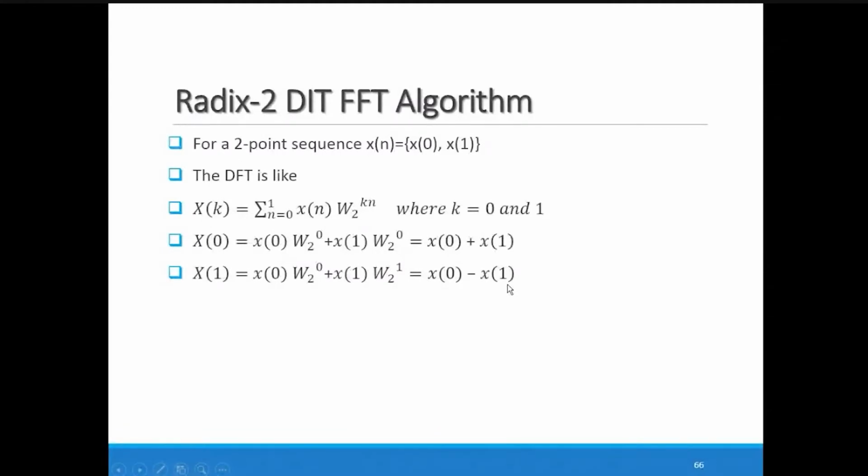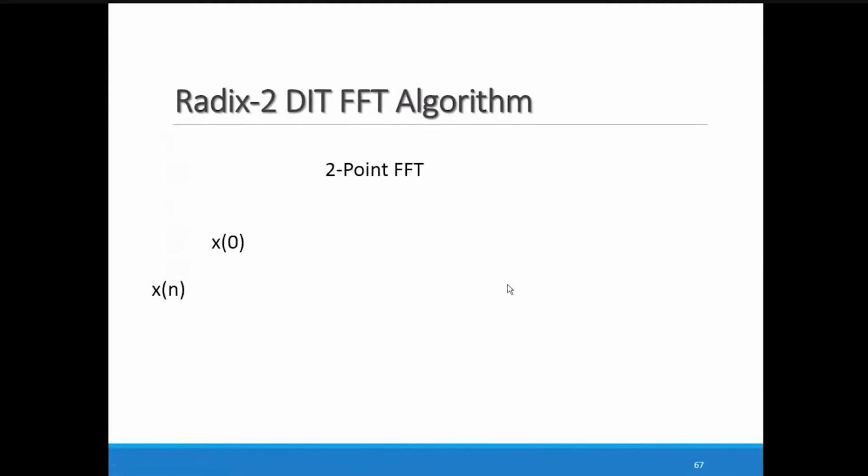The same thing we can represent with the butterfly diagram. The x of n sequence is represented with two samples, x0 and x1. x0 is taken directly and x1, both are added, and you get x0 plus x1.